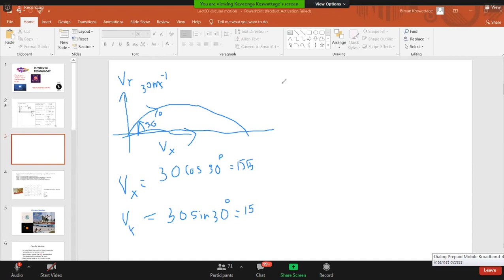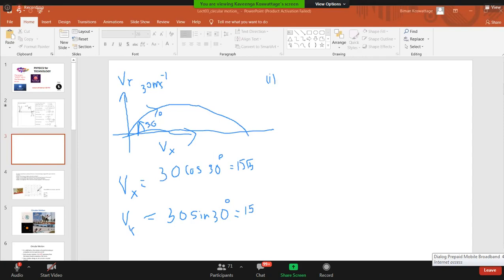If somebody cannot understand, this is for question B, I think. You need to find the height of the projectile motion.